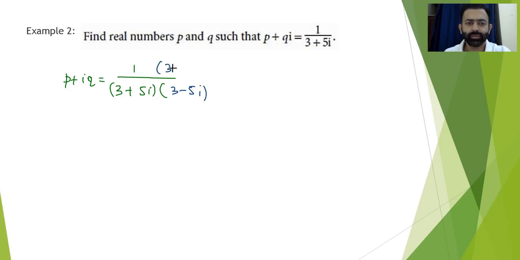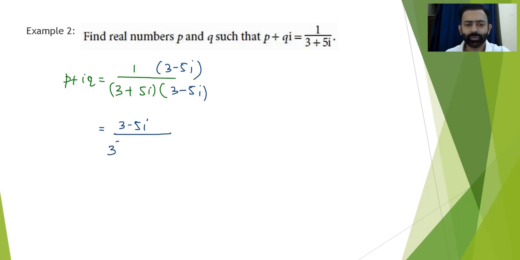So this turns out to be 3 minus 5i over, using the algebraic identity a plus b into a minus b, where the value of a is 3 and b is 5i, a square minus b square.